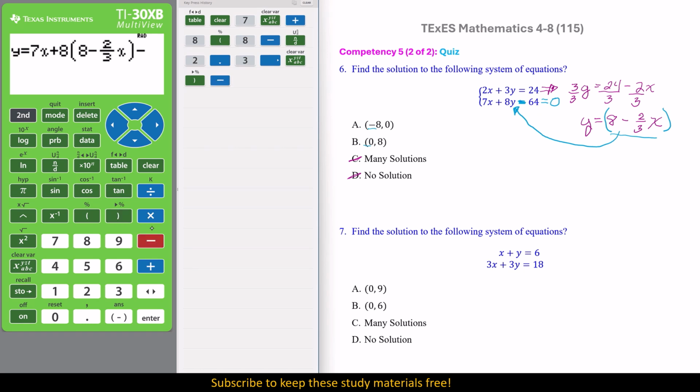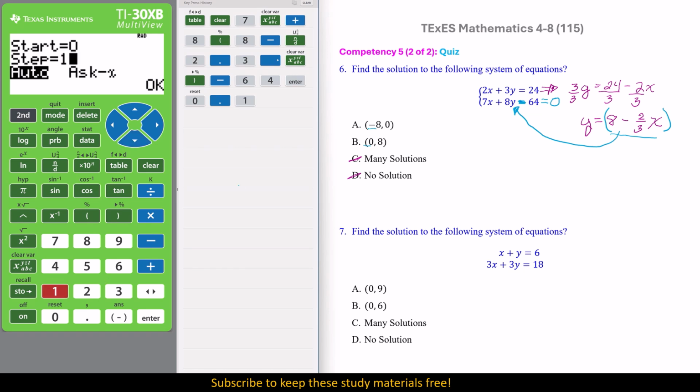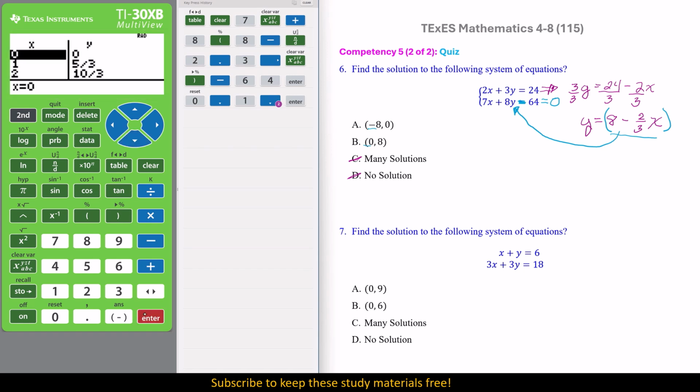So that's a subtraction, 64. Now we have what we want. Now we push enter and we want to start at 0 and go by steps of 1 because both of our A and B are integers. That's a whole number situation. Now I just keep going. I want auto to make a list. So push enter, there's my list.